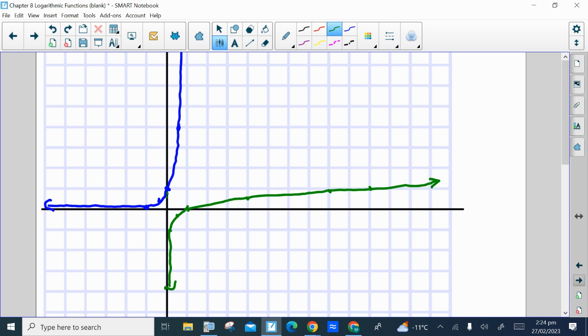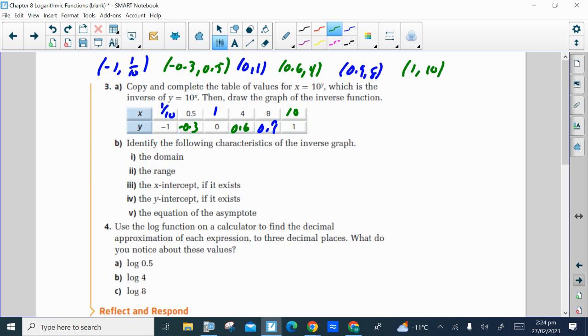Now, if we state the characteristics of this one, it has a domain from 0 to positive infinity, because the y-axis is a vertical asymptote. The graph is to the right of that. The further down it goes, the closer it'll get to the y-axis, but it'll never actually touch it. The range would be all real numbers. It goes up and down forever, so from negative infinity to positive infinity.